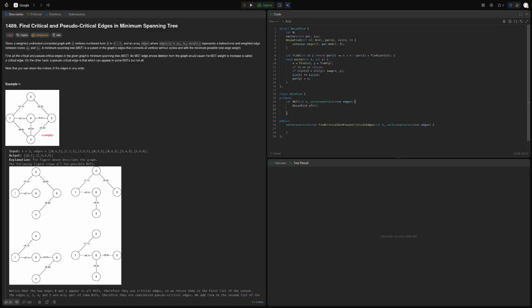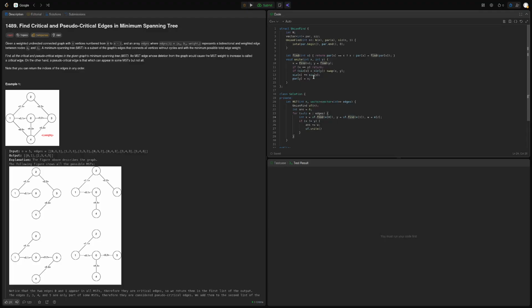UF of n, and then for auto e in edges, int ans, int x y weight. UF find, if they are not in the same component, we add the weight because that's an edge in the MST, and UF unite.